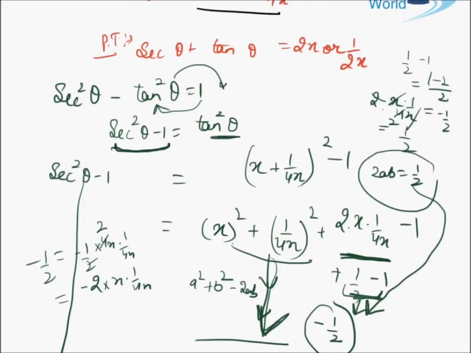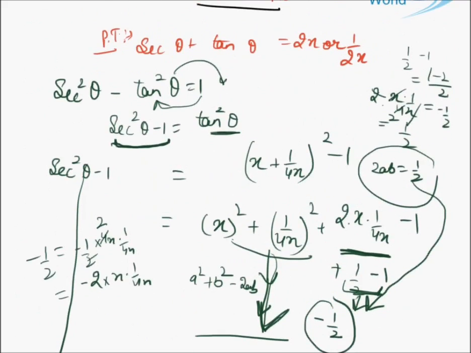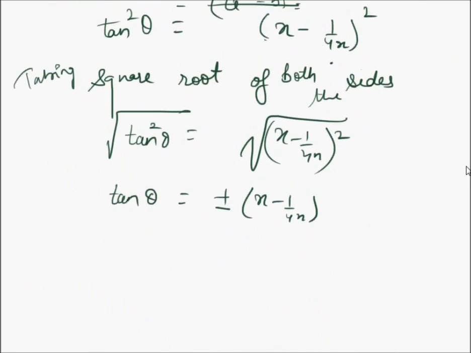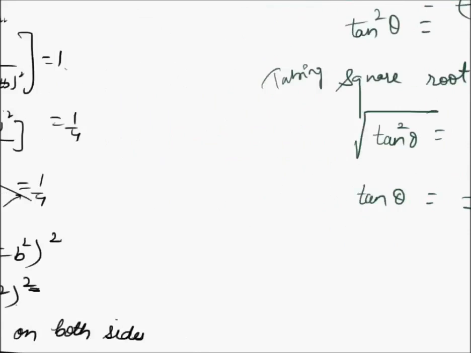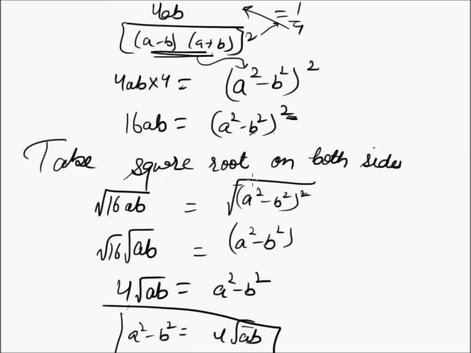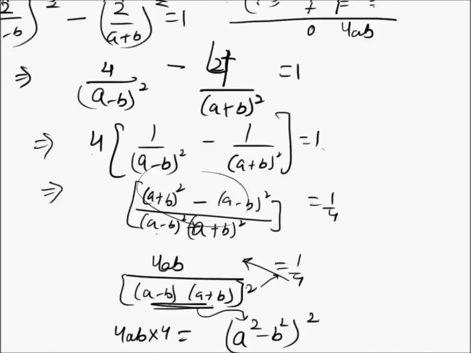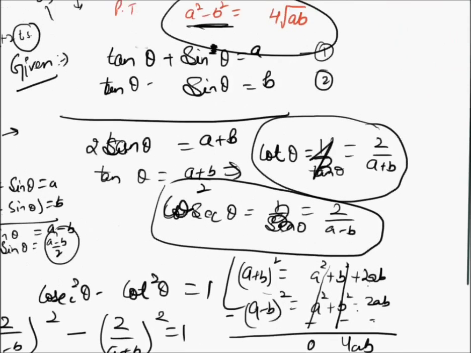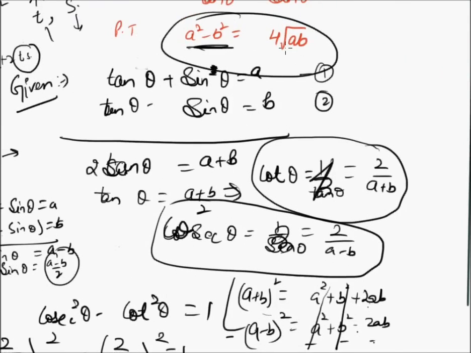Now we have to find out secant theta plus tangent theta. Friends, this plus minus can also be used in the previous square root part, but there we only needed 4ab, so we have discarded the negative part.